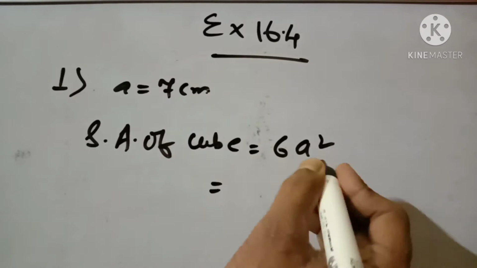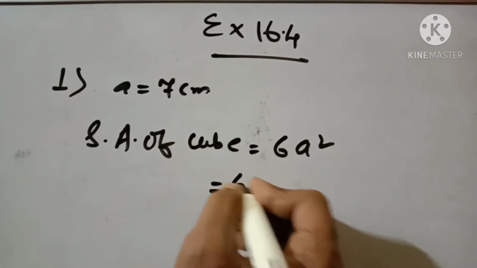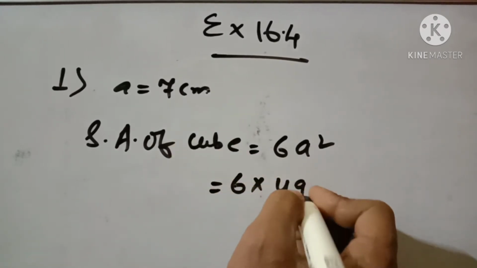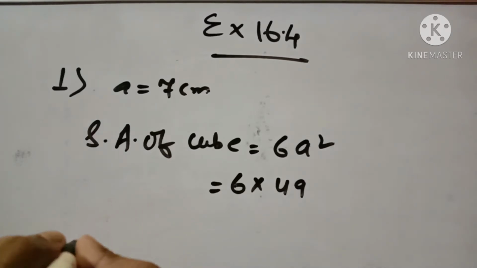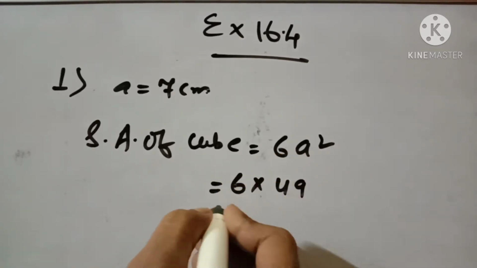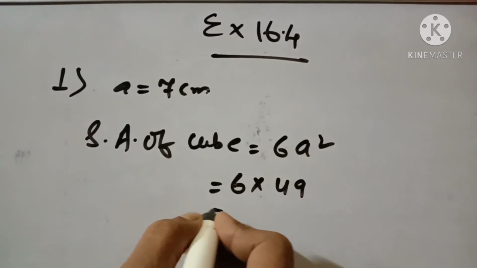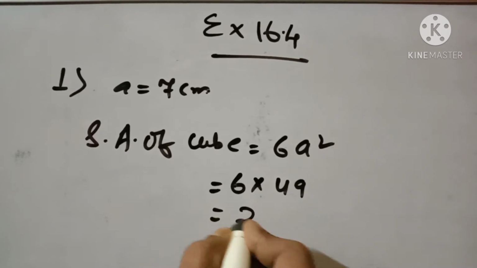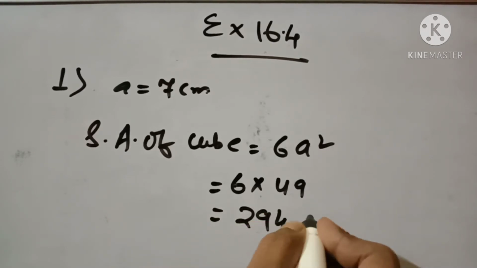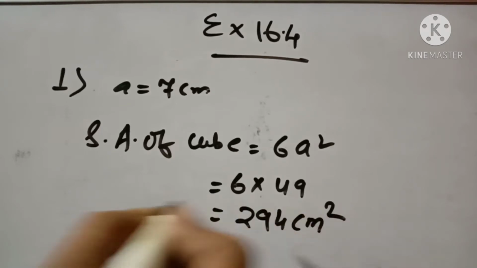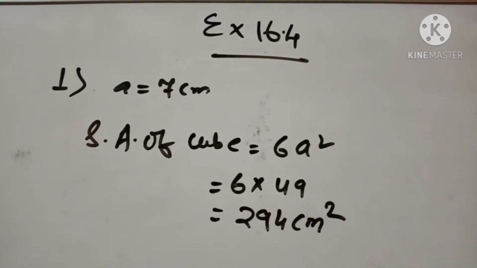Here the value of a is 7 centimeters. So 6 into 49, because a square is 7 into 7, so we can write 294 centimeter square.